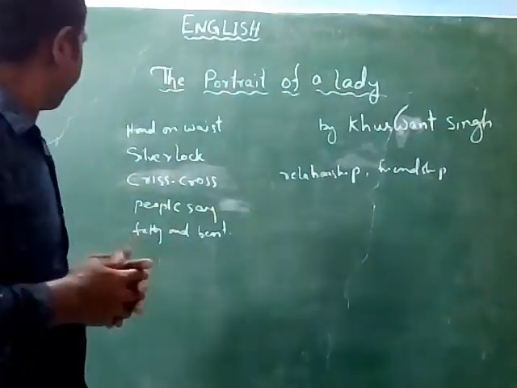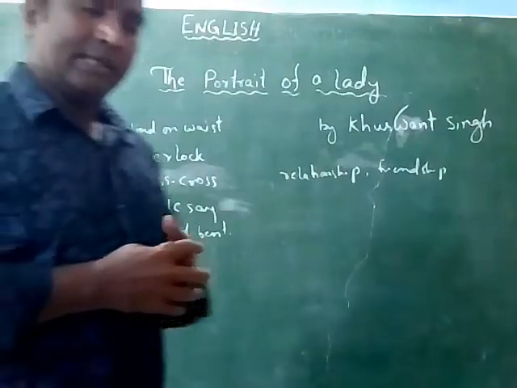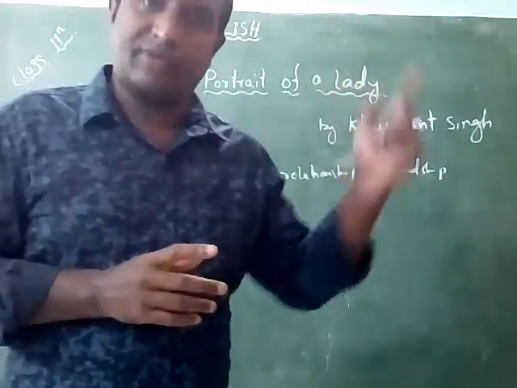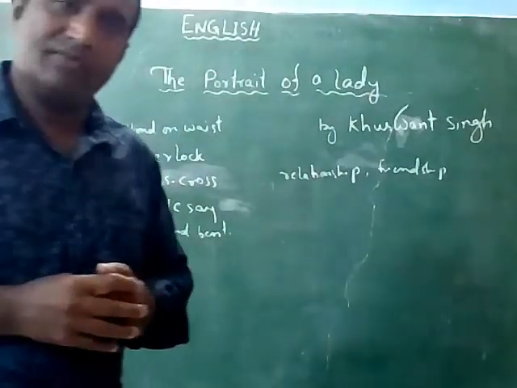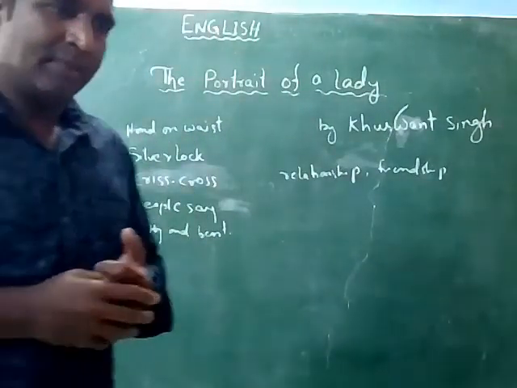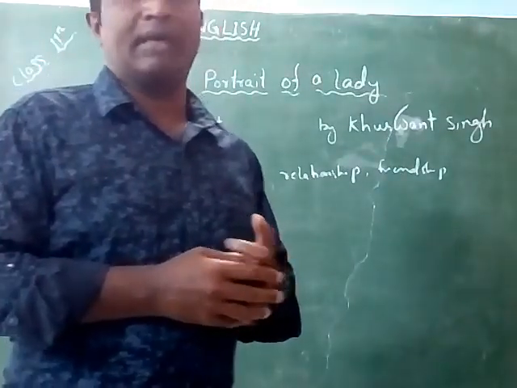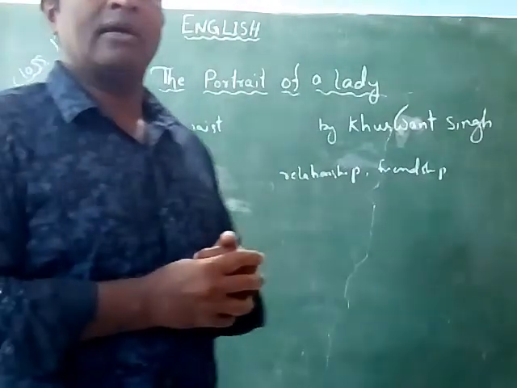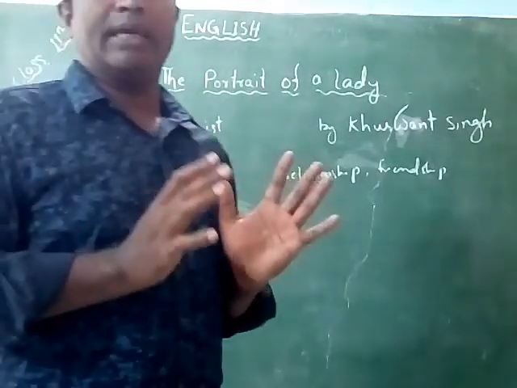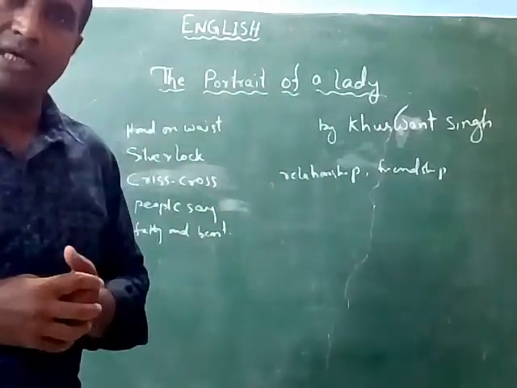Now he says, people say that she was once very attractive, very charming, very pretty. But the writer is saying that this thought is revolting to me, because I never saw her young. I always saw her as an old woman with crisscross marks on her face.